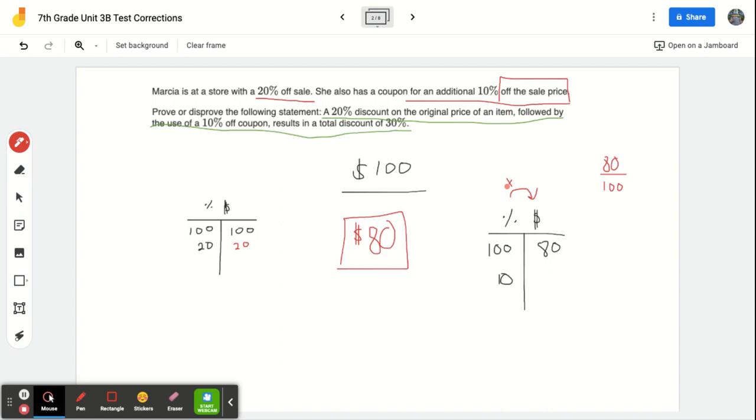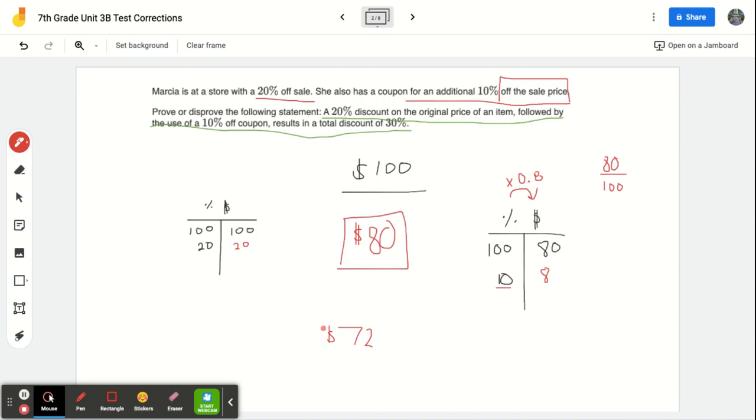And I used my calculator. 80 divided by 100 is 0.8. Okay, so let's see. 10%. So I'm going to go from 10 to this side. So I'm going to multiply 10 times 0.8. $8 off. So I'm going to remove $8 from 80 and we have 72.